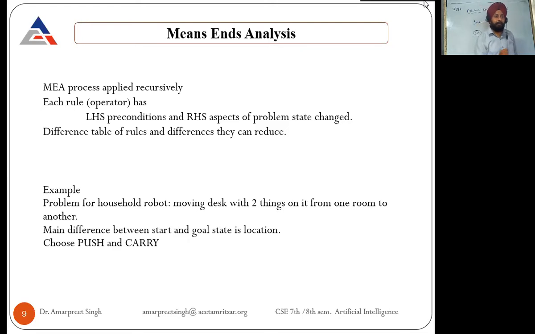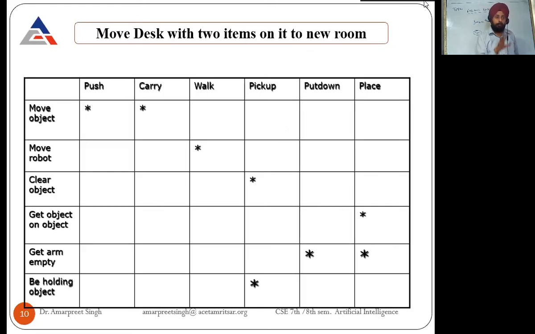Next, take one more example, that is the problem for a household robot. So the problem is, one robot is there. One desk is there. There are some items on the desk. Those two items are there, item 1 and item 2, and this is your desk.